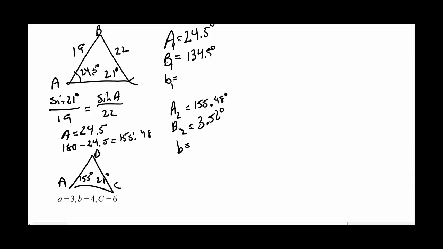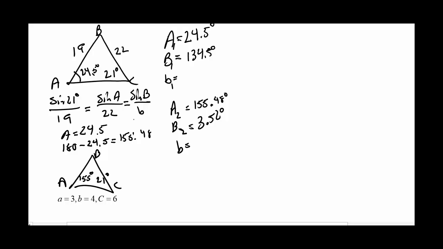And in both cases, I want to go ahead and use law of sines. Let's see, so that would be sine of, I want b, opposite it, so sine of angle B. Okay, so I want to cross multiply.